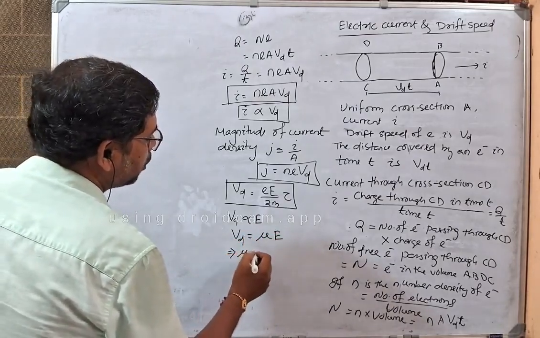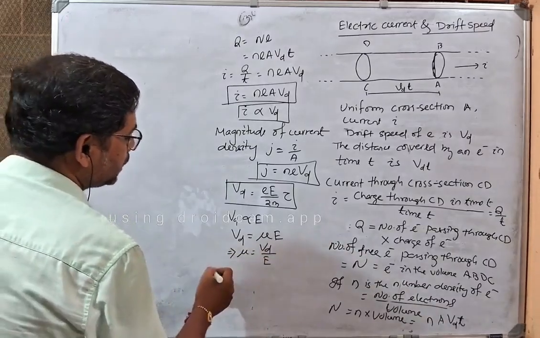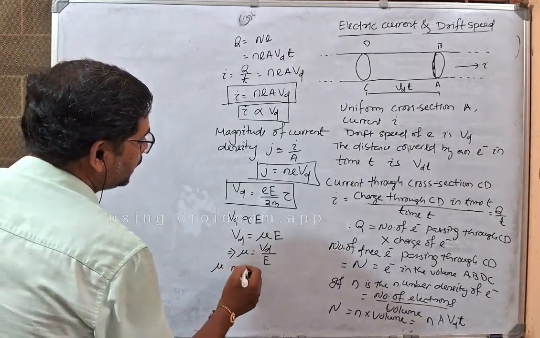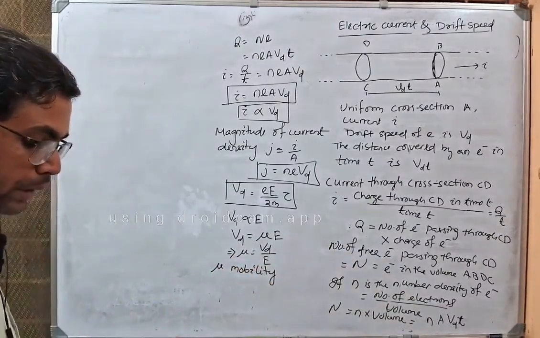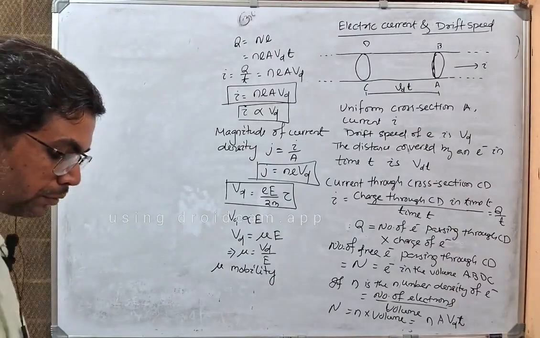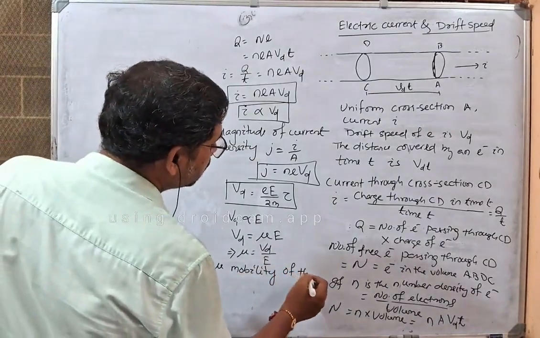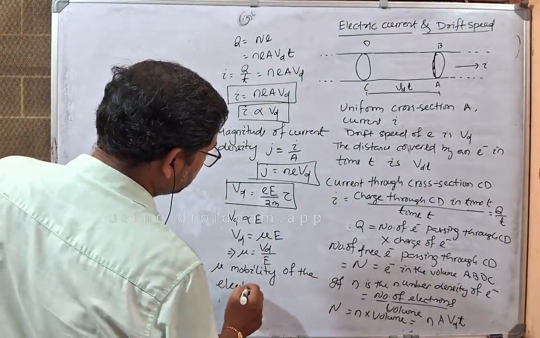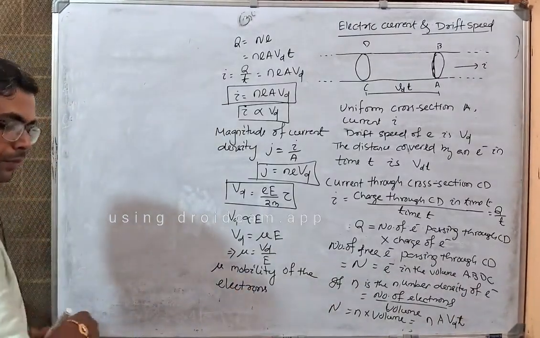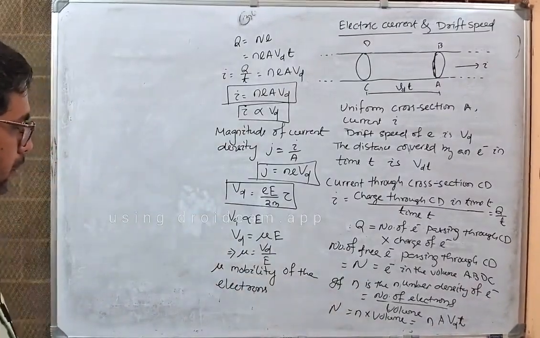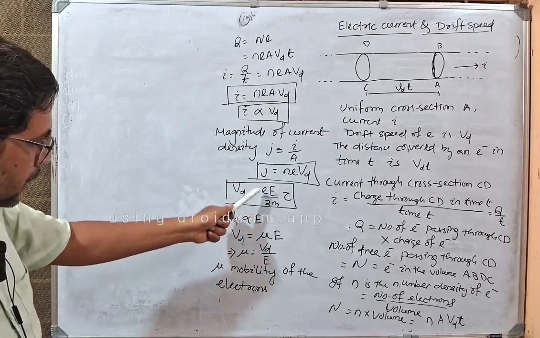That means mu, this proportionality constant, is equal to drift speed vd by E. This mu is known as mobility. There is a word mobility, of electrons. So what is mobility? If you see this relation, mobility is just eτ by 2m.